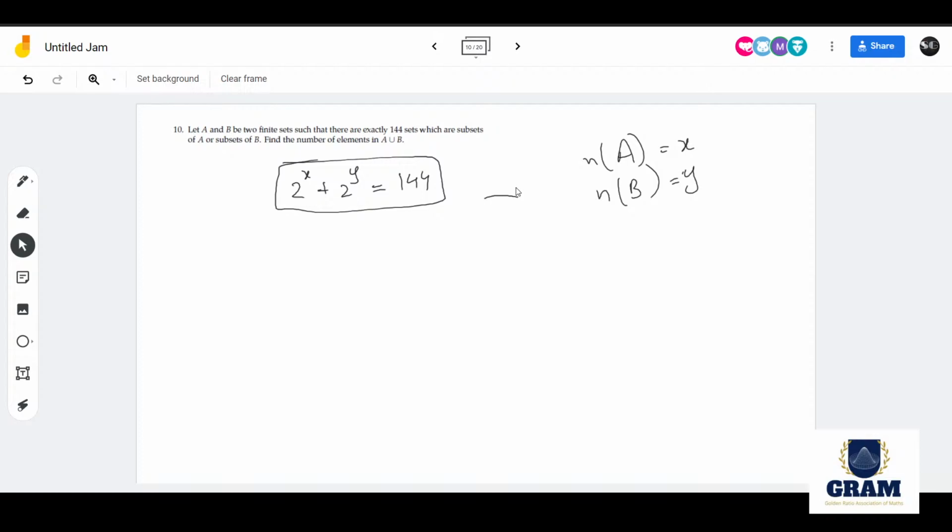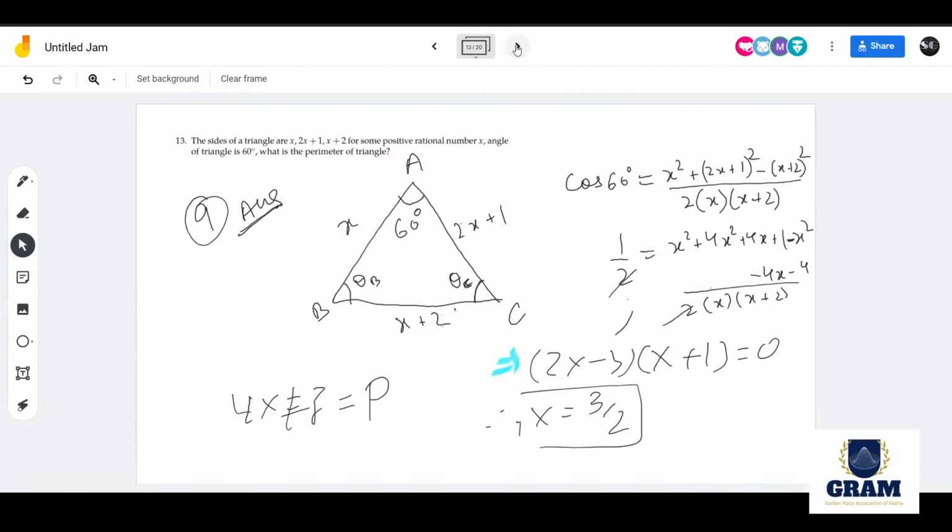What is x and y here? You have solved it. Okay, so let's do the 11th.